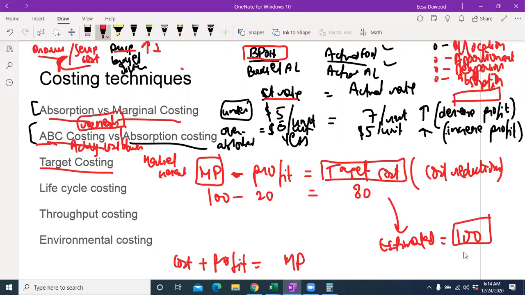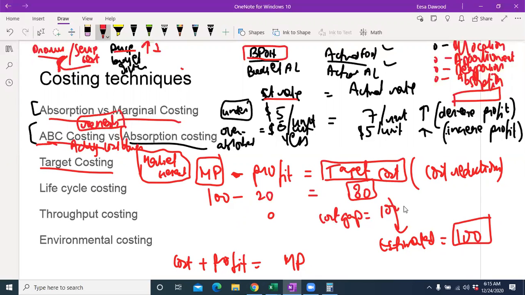So if my own cost is 100, definitely I cannot sell it at 100, otherwise I won't be earning any profit. So here, right from the start, at the very initial stage, when you are doing the research and development and taking the market research and doing the market analysis, right from the designing stage, try to design the product that would achieve this target cost, because there is a cost gap.